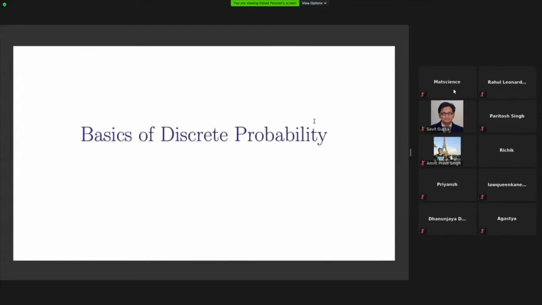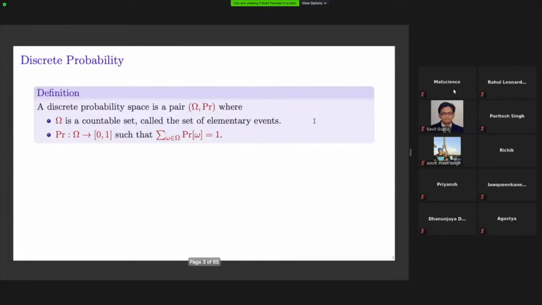So first, basics of discrete probability. For algorithm design, we will be mostly dealing with discrete probability. What do I mean by discrete probability? The probability space is a pair, and it has one set. That set is a set of elementary events.